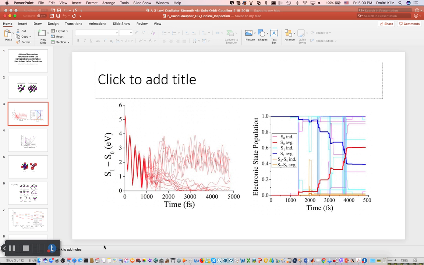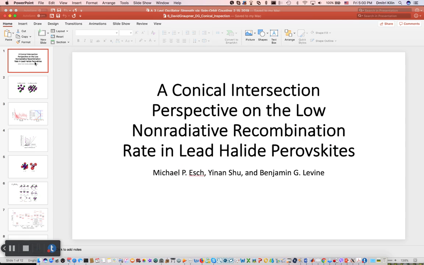So what is the goal? The goal is they're looking at reasons why cesium lead bromide perovskites have a relatively low rate of non-radiative recombination, and they are looking at a possible reason for this.